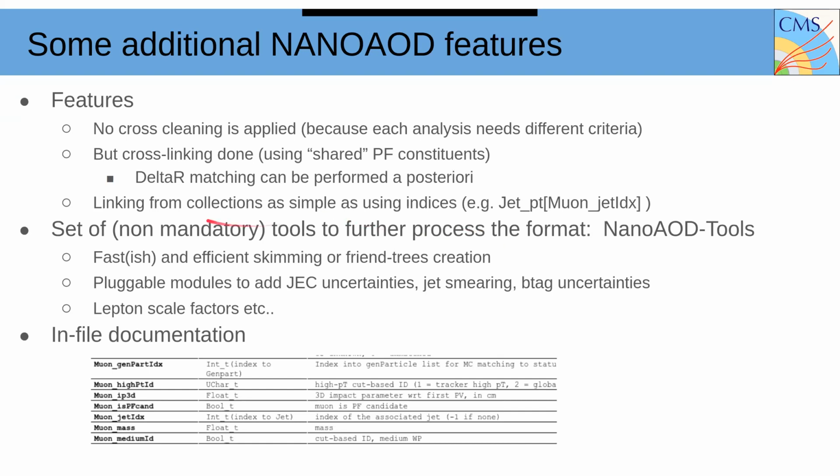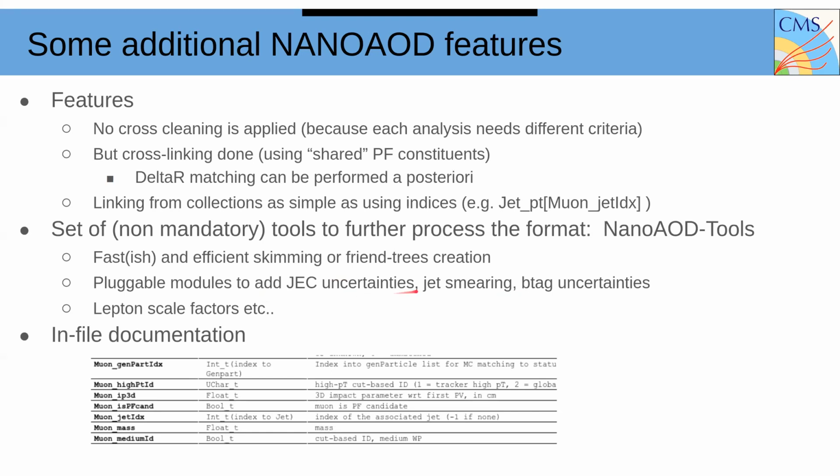Okay, one last thing is that there is a set of tools that is also provided. It's called NanoAOD-tools, and it is used to do some kind of fastish skimming and also to compute some corrections. For example, the jet energy correction uncertainty I was mentioning before, or doing some jet smearing, or computing the tagging uncertainties, or lepton scale factors and so on.